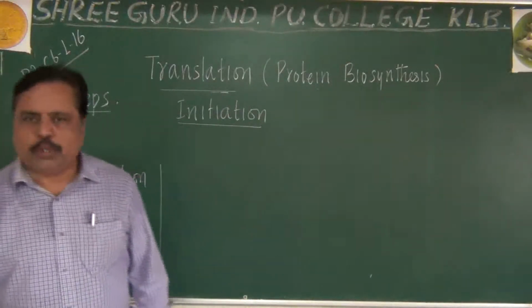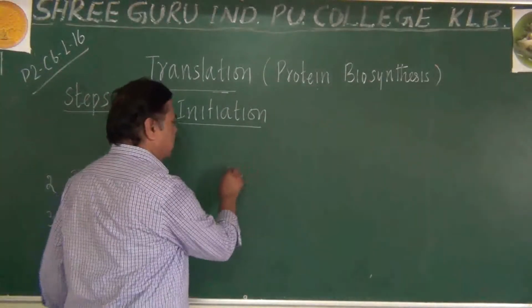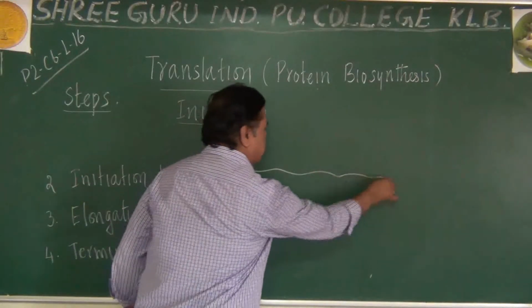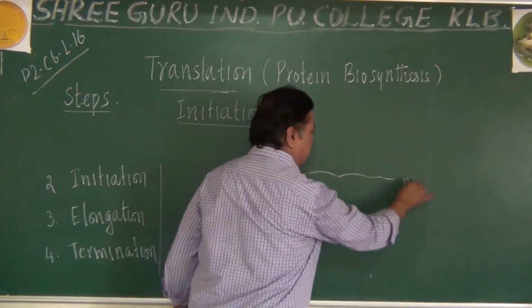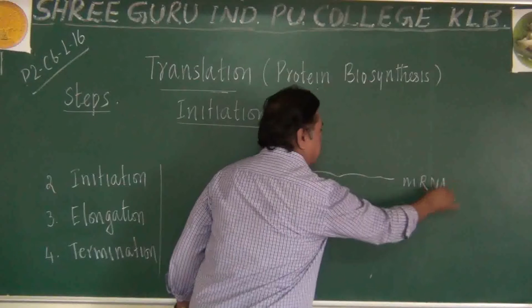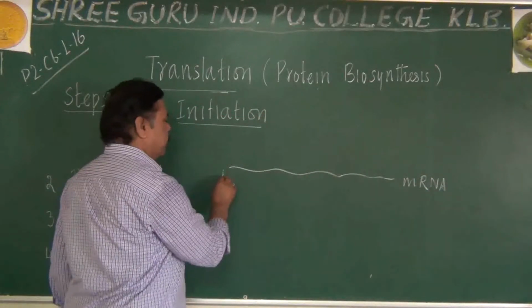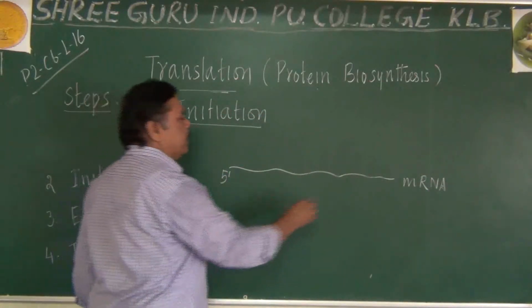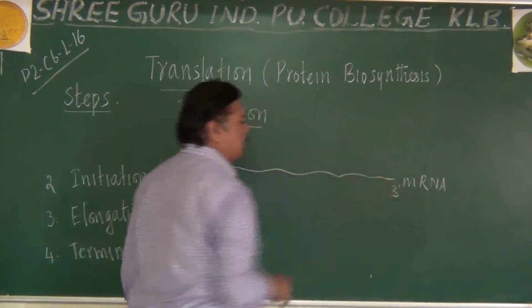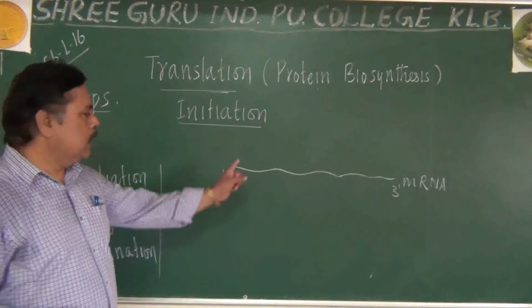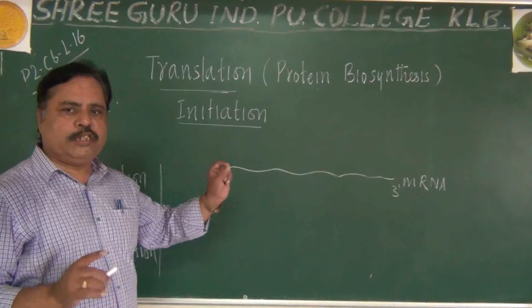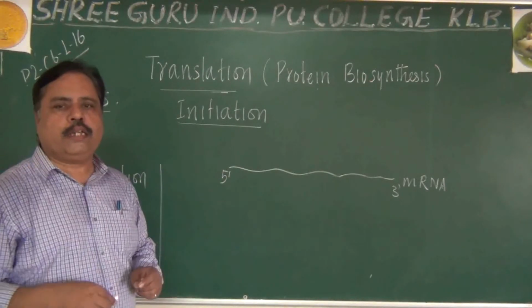There in the cytoplasm, imagine this is the mRNA. In this mRNA, you know already, there is a 5' end and a 3' end. At the 5' end, there will be a G cap, otherwise called methylated capping.